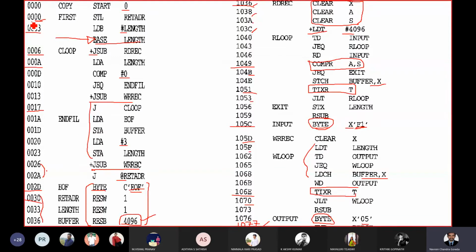Yes, students, we are done with the address allocation. Now, before we move on to the object code generation, if anybody has any queries, you can ask me.